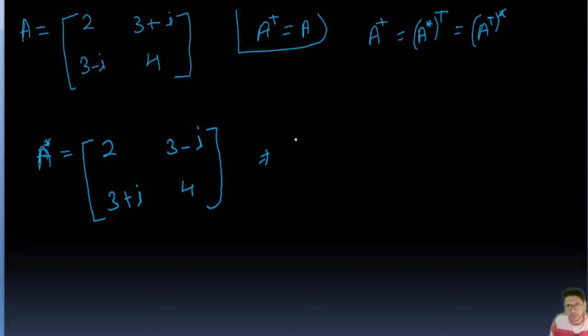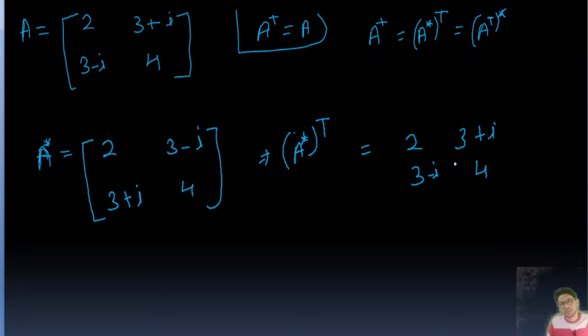Now we will find the transpose of the conjugate. We change rows into columns and columns into rows, and we get the transpose of the conjugate of the matrix. So this is going to be 2, 3 plus iota, 3 minus iota, 4.